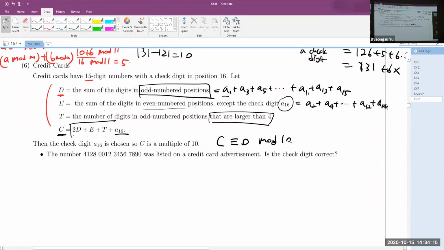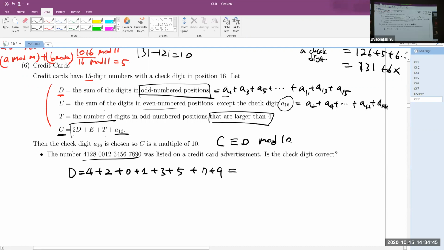So let's check how to verify whether the given number here is a valid credit card number or not. First of all, to get D, we just add all the odd number positions. So here D is 4 plus 2 plus 0 plus 1 plus 3 plus 5 plus 7 plus 9.